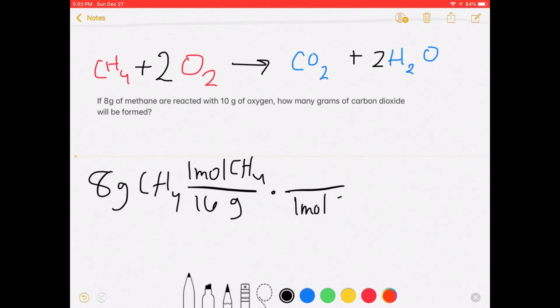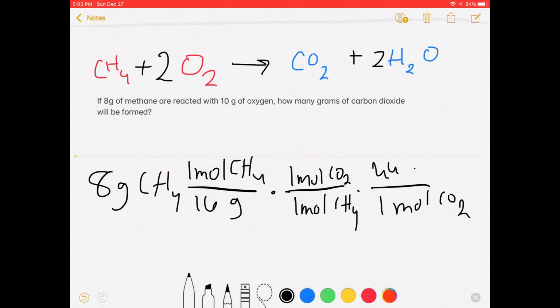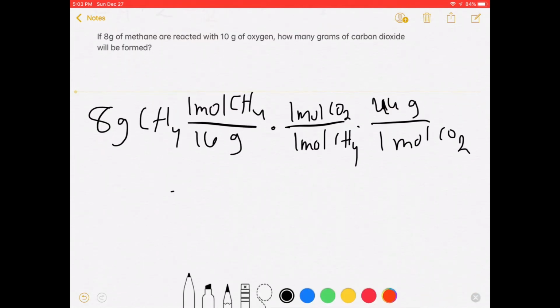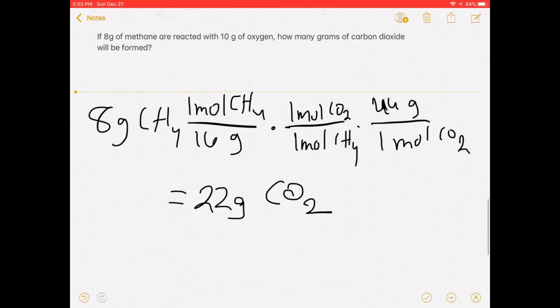In this reaction, every mole of methane yields 1 mole of carbon dioxide. And then finally, we can go from moles of carbon dioxide to grams of carbon dioxide. For every mole of carbon dioxide, we have 44 grams of it. And so now all we need to do is just perform the calculation. So what we need to do is 8 times 44 and then divide that by 16, and that gets us 22 grams of CO2.